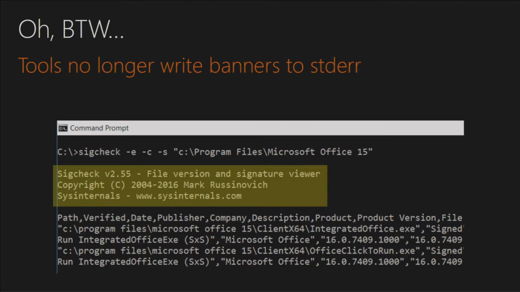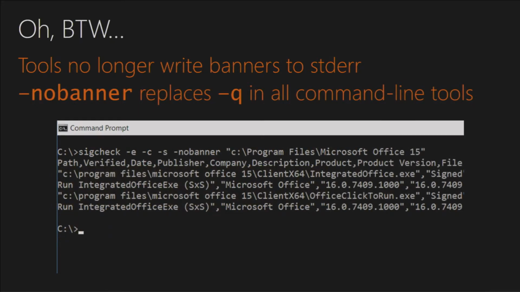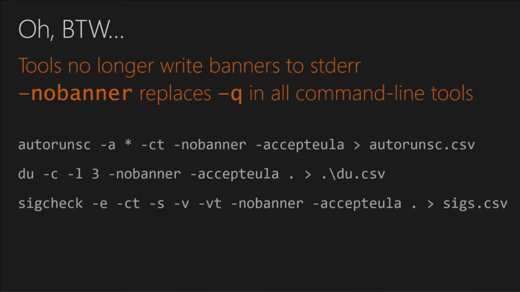So the way you get rid of this now is with a new no banner switch. This is for consistency across all the tools because -Q was used for other purposes in some apps, and so now no banner is the consistent switch you use whether you're on Nano or any other flavor of Windows, to not spit out the banner. So you need to do this, for example, with command lines like this, autorun C, du.